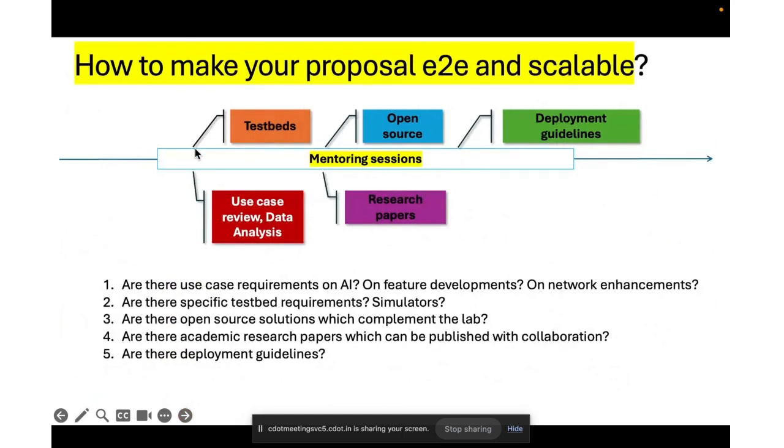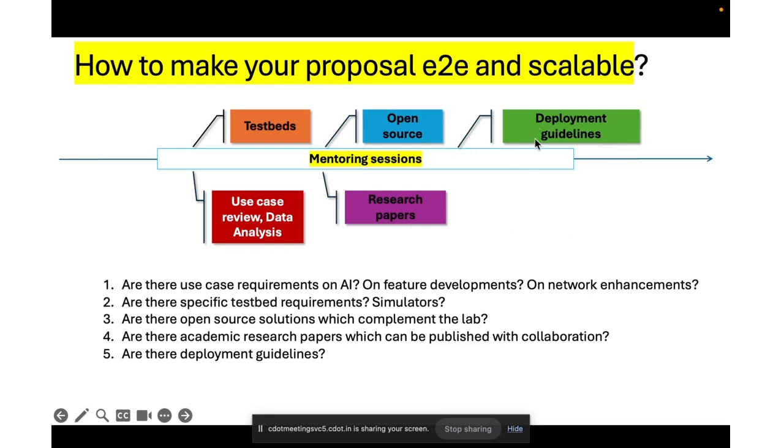So throughout these mentoring sessions, we will look at use case review, data analysis. What are the test beds in addition to the 5G use case test beds and labs that you have? What are the open source tool sets that you can build into these test beds, like we discussed today? And what are the research papers which accompany this kind of problems and data sets? This is another aspect that we will study.